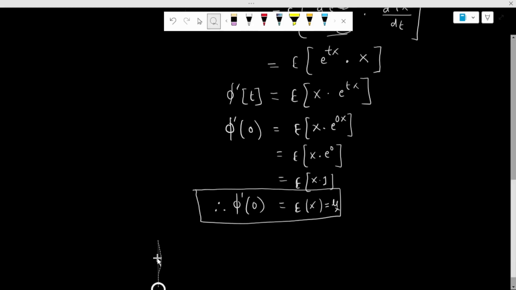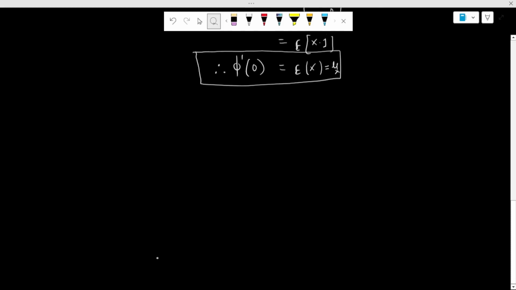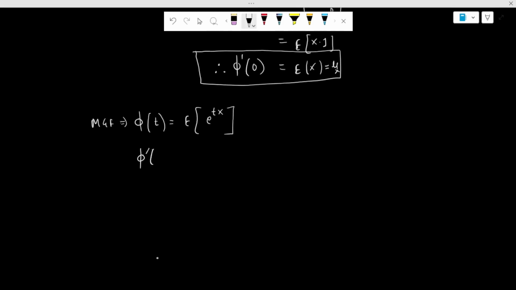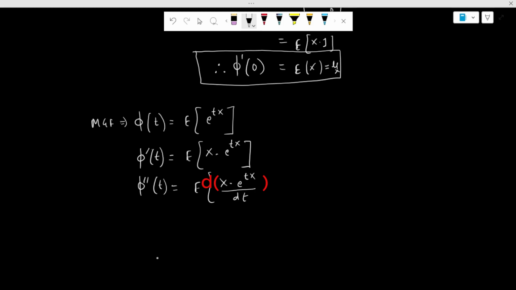Now let us see what happens if we calculate the second order derivative of our moment generating function. This is our first order derivative, and we have seen what it is equal to. Now let us take the derivative one more time, which is the second order derivative. Let me do it a bit directly. We have the expectation of x times e to the power tx, and we are taking the derivative with respect to t.